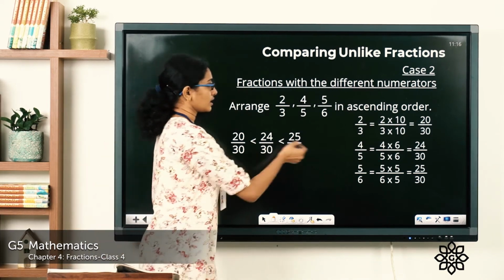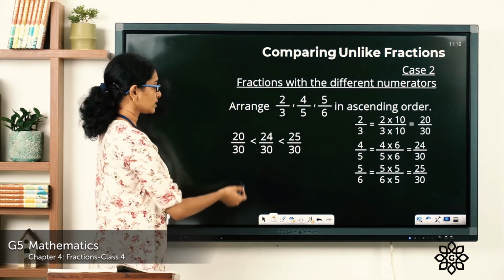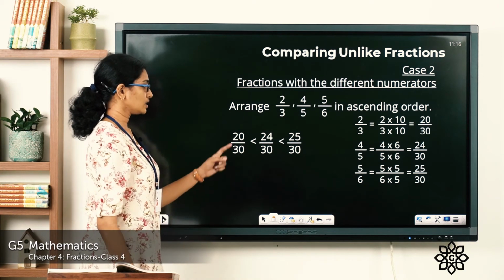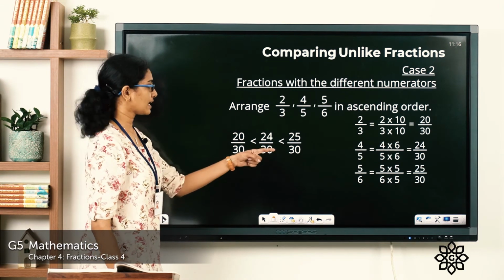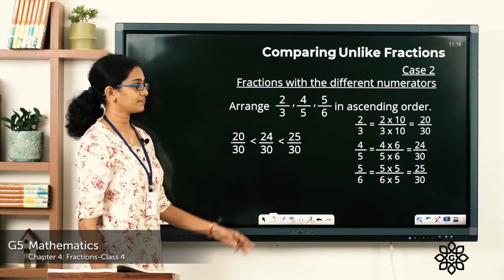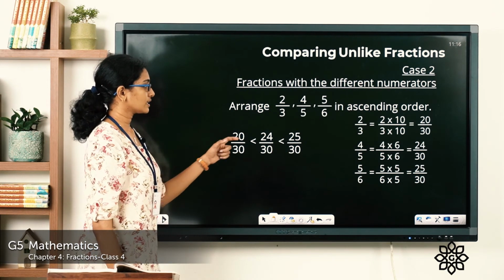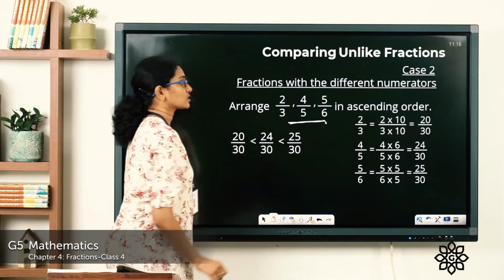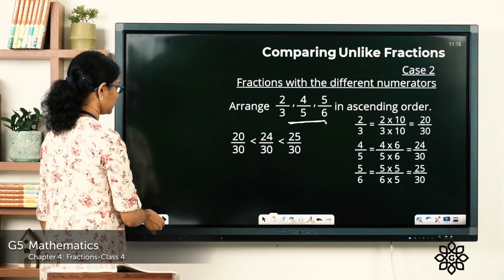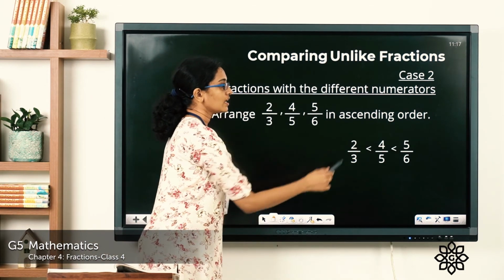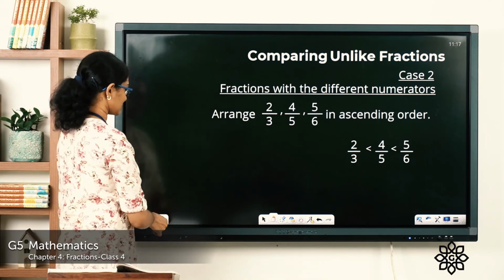Among these fractions, which is the smallest one? 20 by 30, right? 20 is the smallest numerator here. So, 20 by 30 is less than 24 by 30, which is less than 25 by 30. So, we have the equivalent fractions arranged in ascending order. So, the given fractions arranged in ascending order will be 2 by 3 less than 4 by 5 less than 5 by 6.